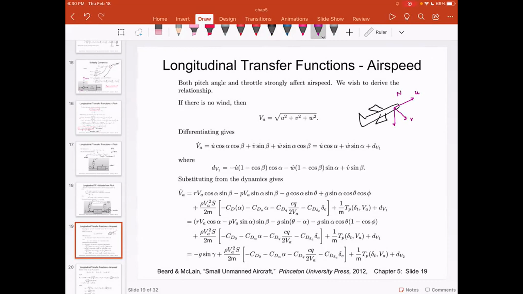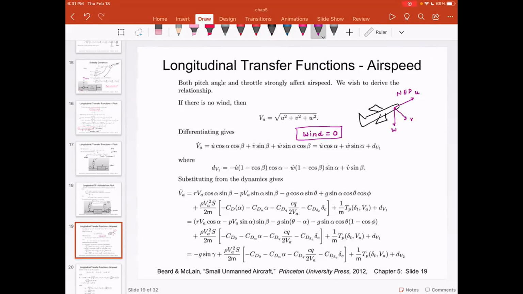So it's north, east, down coordinate. So the resultant sum total of these 3 velocities is going to give you VA when the wind is equal to 0. When wind is equal to 0, the vector sum of u, v, and w is going to give you the airspeed.